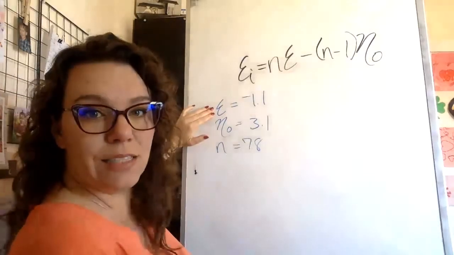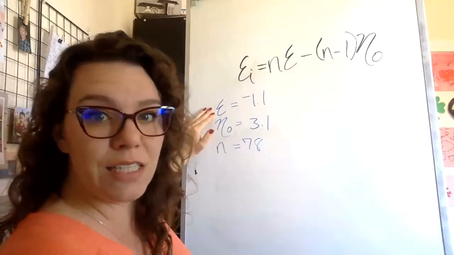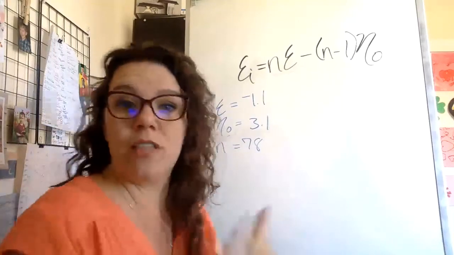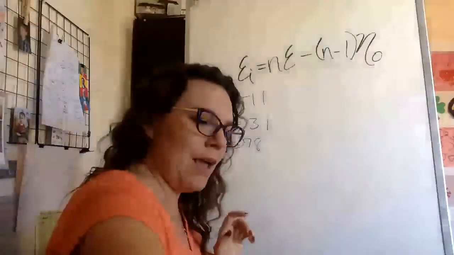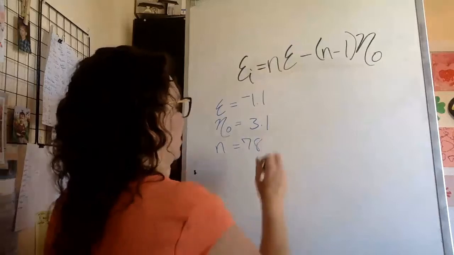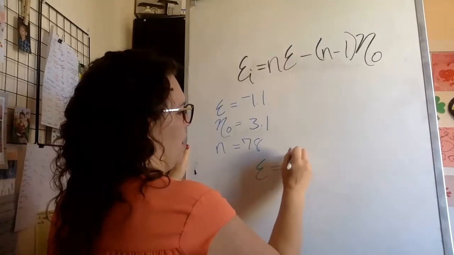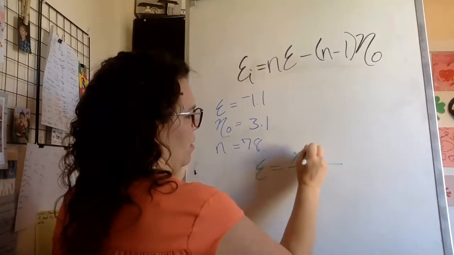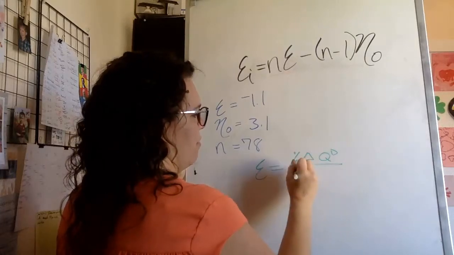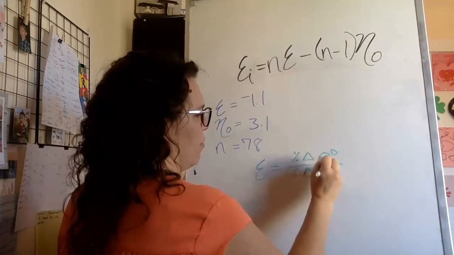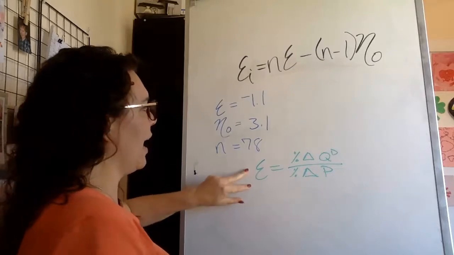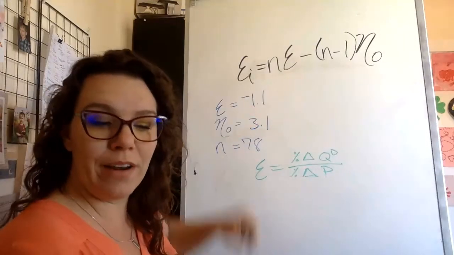Market price elasticity of demand is negative 1.1. So that means that a percent change in quantity demanded divided by a percent change in price for the whole market is going to have that negative 1.1 effect.